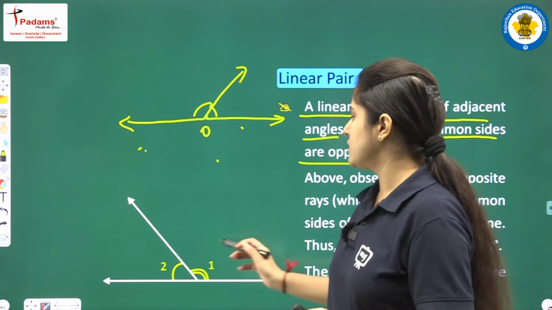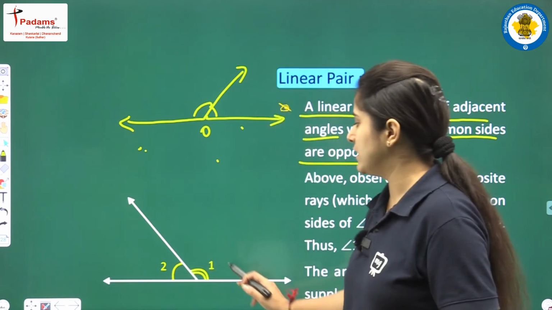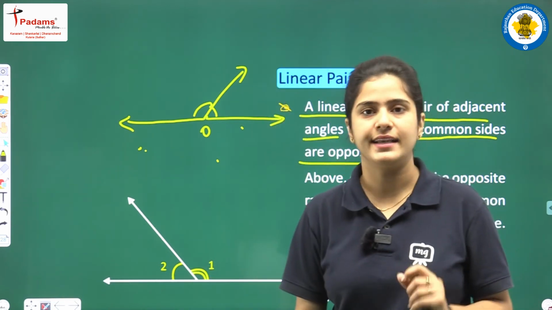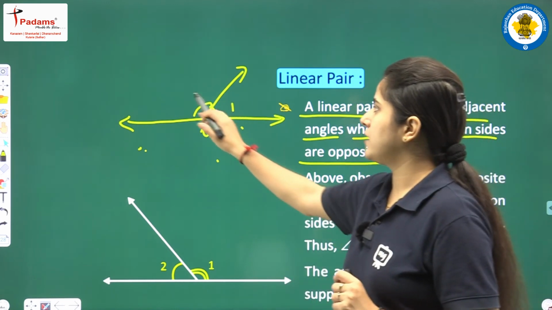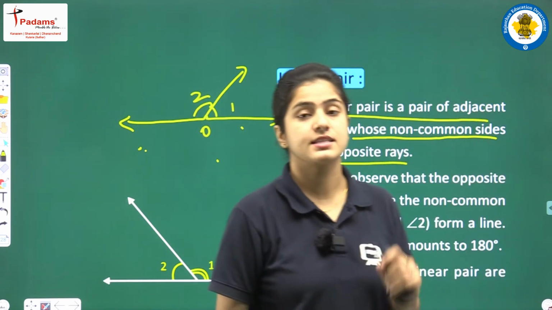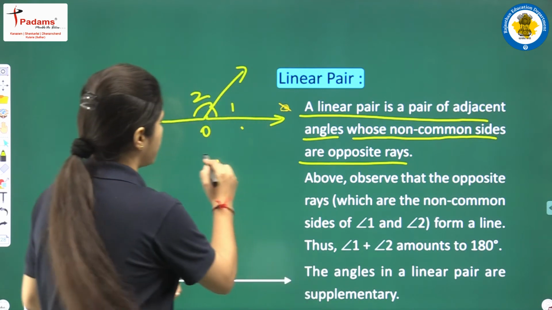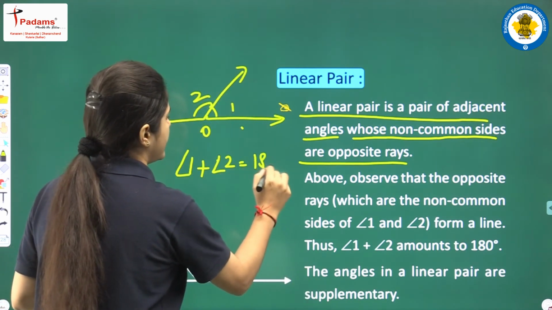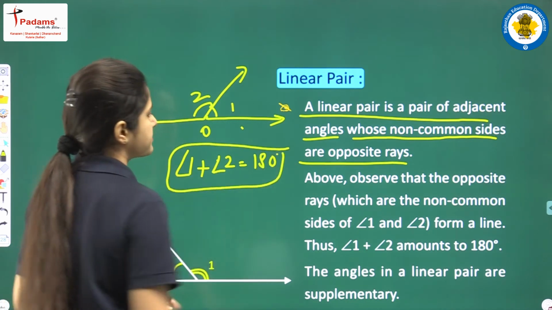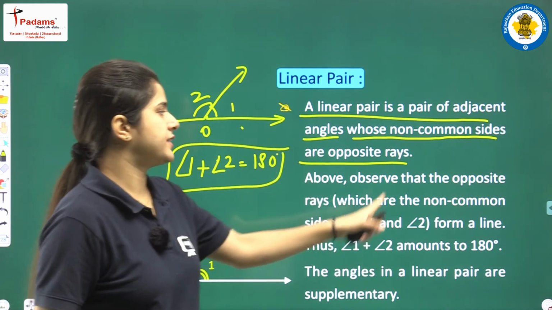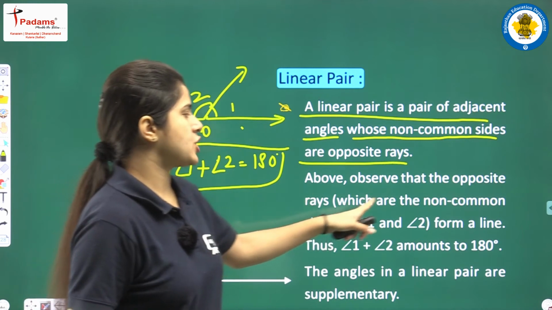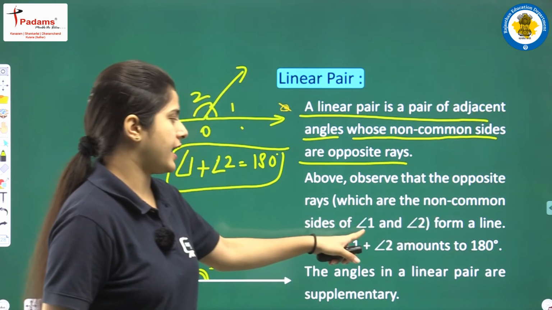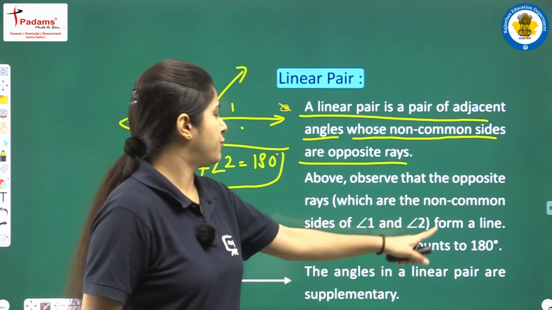Okay, students. So it's like that only. Like you can have a look, 1 and 2 is forming a linear pair, because the sum of angle 1 and angle 2 is equals to 180 degree. Okay, students. Above, observe that the opposite rays, which are the non-common sides of angle 1 and angle 2, form a line.